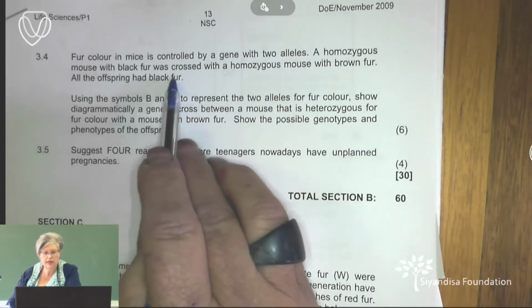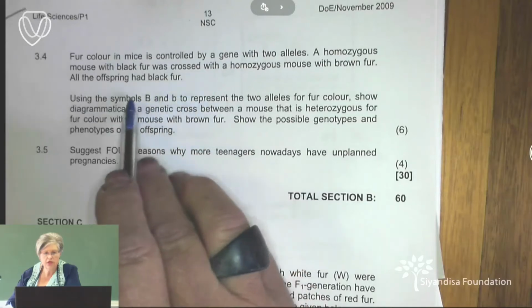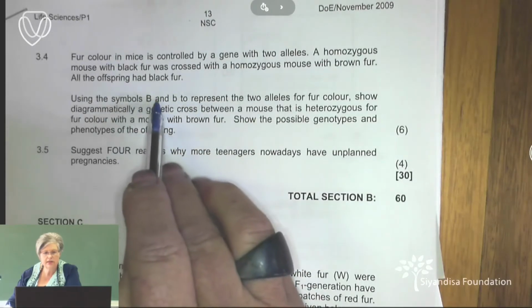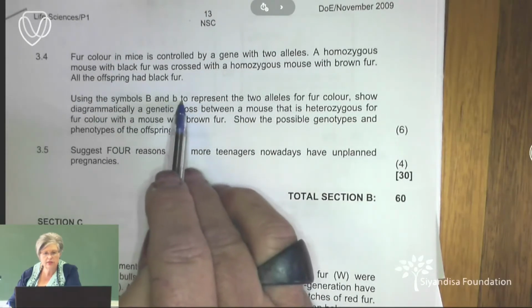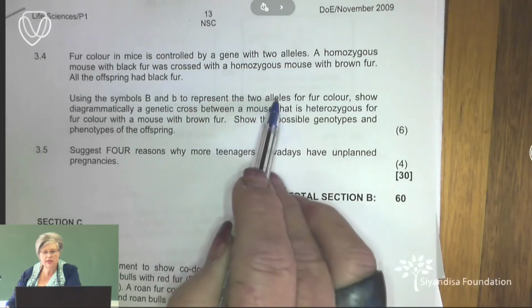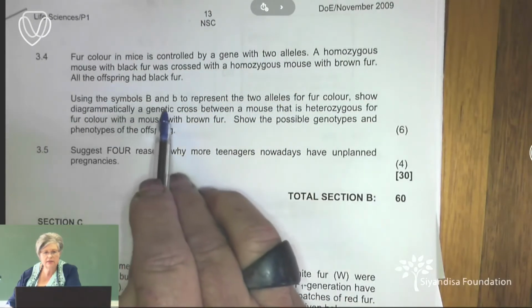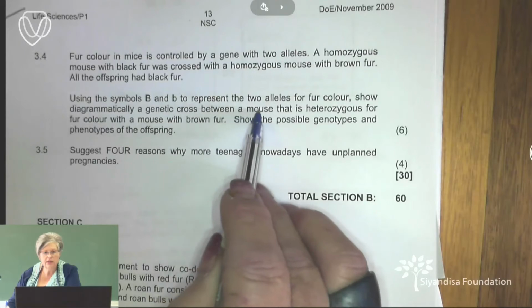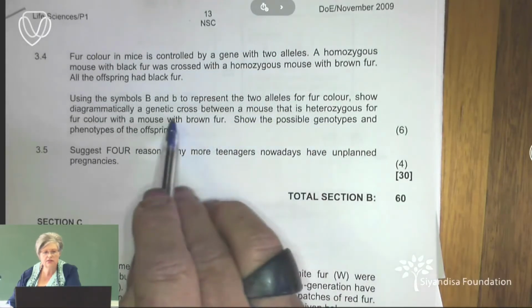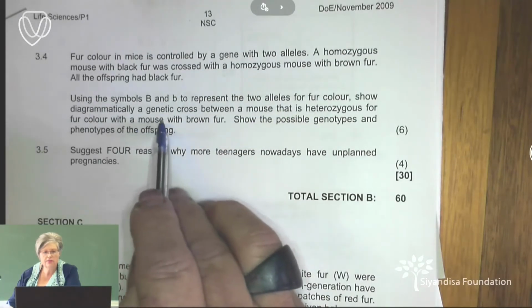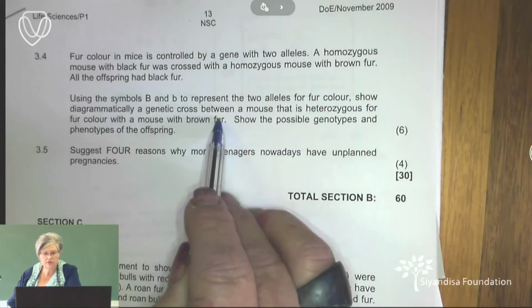All the offspring had black fur. Using the symbols big B and small b to represent the two alleles for fur color, show diagrammatically a genetic cross between a mouse that is heterozygous for fur color and a mouse with brown fur.